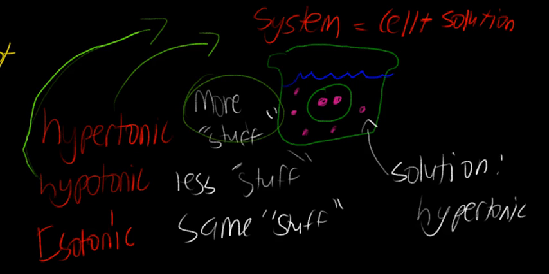That means that the other one must be hypotonic, because with respect to everything else that's going on inside that beaker, it's this cell. So what we have here is a hypotonic cell in a hypertonic solution.